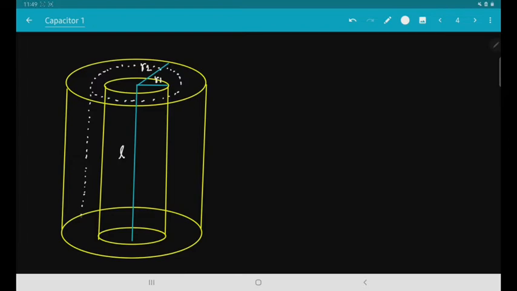The Gaussian surface, as you know, will have the same symmetry as that of electric field. Here we have the symmetry of electric field cylindrical, so here the Gaussian surface will be also cylindrical. The charges on the inner cylinder let us take as positive and on the outer cylinder they will be negative.